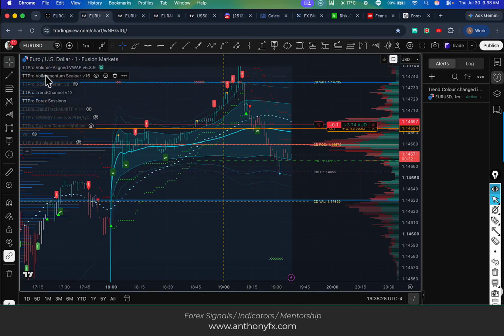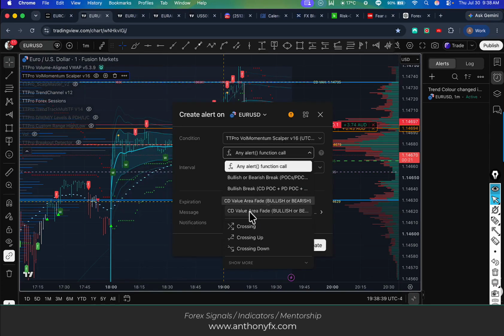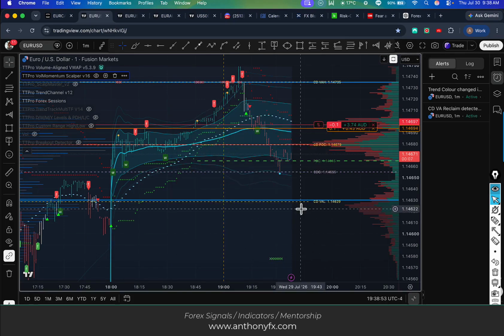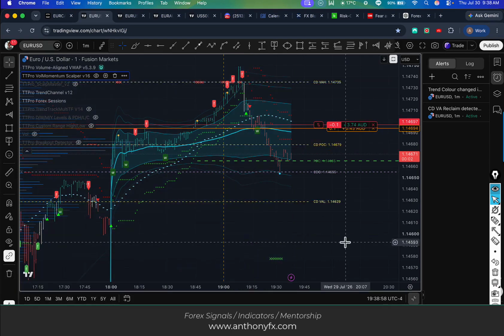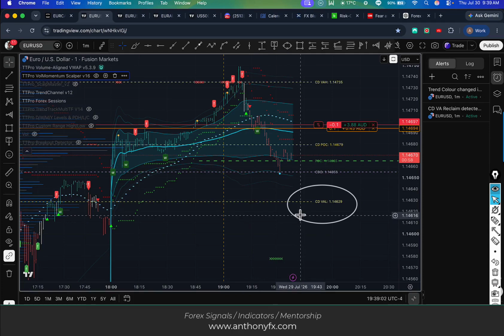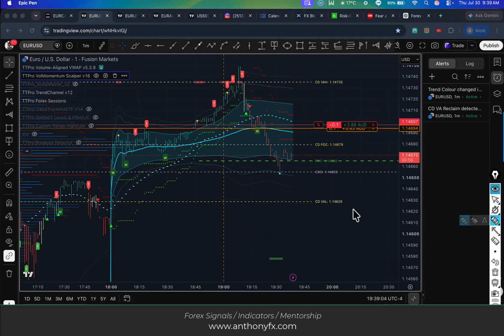I don't mind setting that up actually. So for this one, the alert, the 3 dots, it's value area fade bullish or bearish, once per bar. Create that. If we just delete that other volume profile, and this trades down into here, the value area low, and breaks through here and then breaks back in, we'll see another fade F signal.